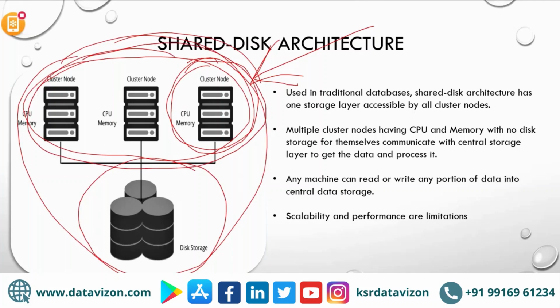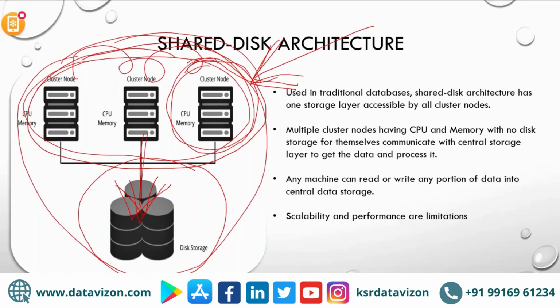All the cluster nodes will consume data from a single storage disk. Whenever a query comes in, it gets split across these nodes, and they start reading and scanning data from this table.